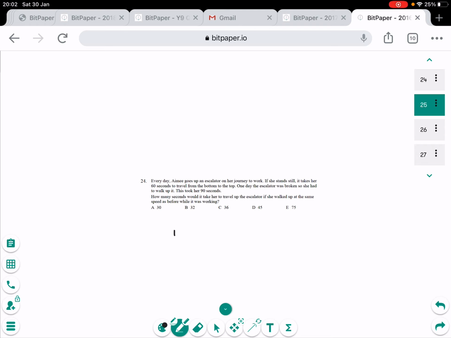So 1/60 was her escalator speed, and 1/90 is her walking speed. So we want those two added together if she walked up at the same time.